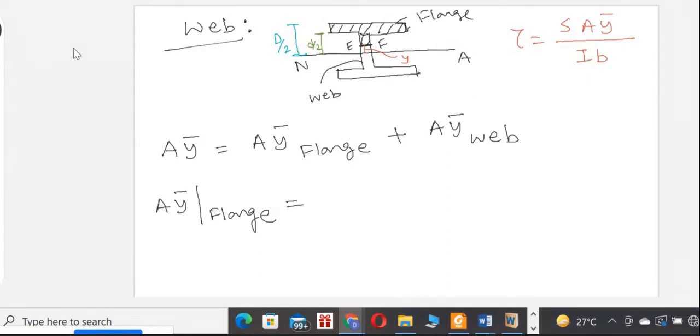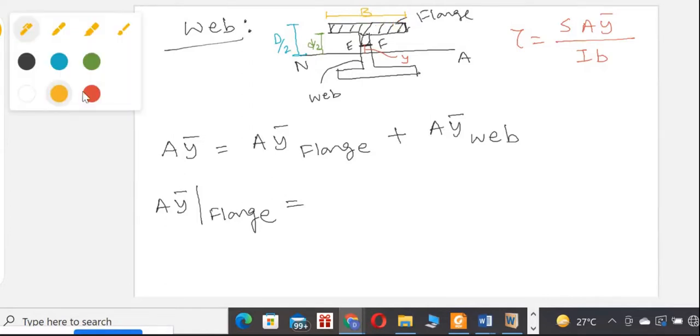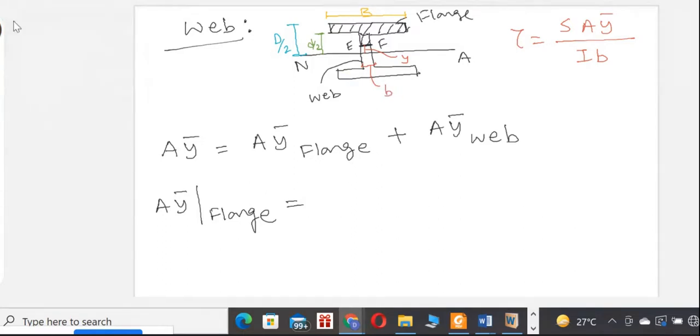Anyone? What will be the area for the shaded part in flange? What is the area of the shaded part in flange?